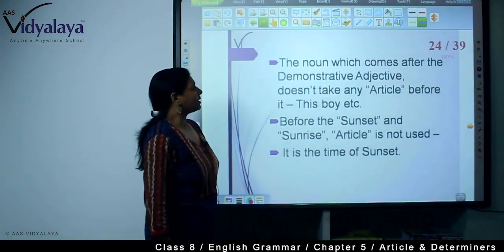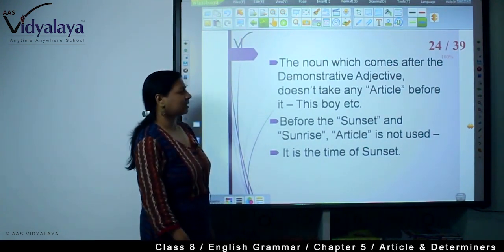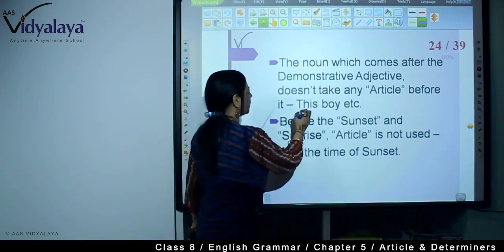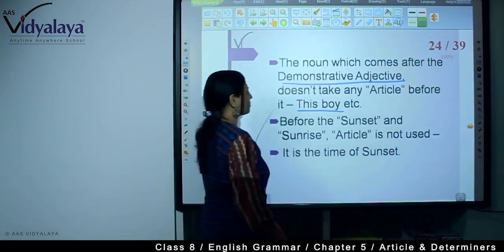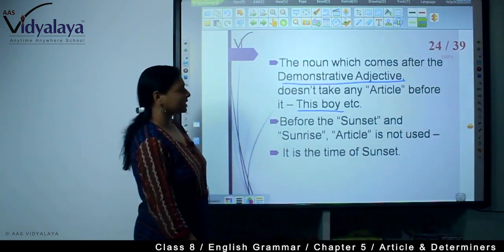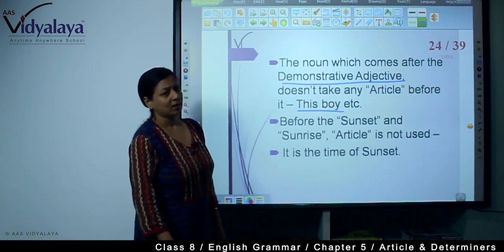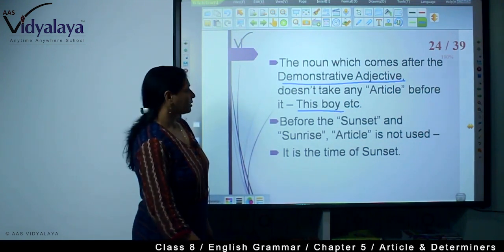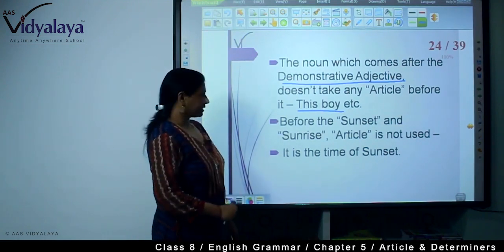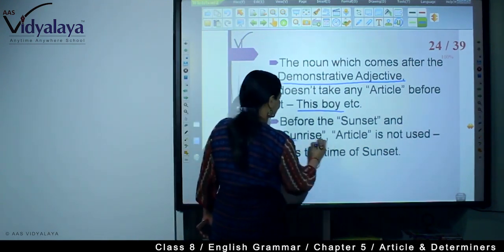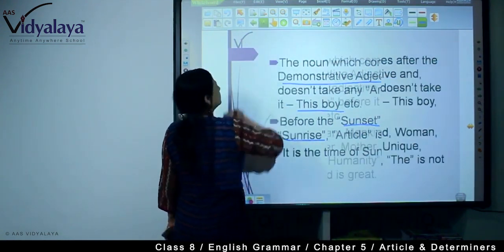Next, the noun which comes after a demonstrative adjective doesn't take any article before it. For example, this boy is my student. This boy is going to play a cricket match. Before sunset and sunrise, article is not used. It is the time of sunset. Day, night, sunrise, sunset, we don't use article.